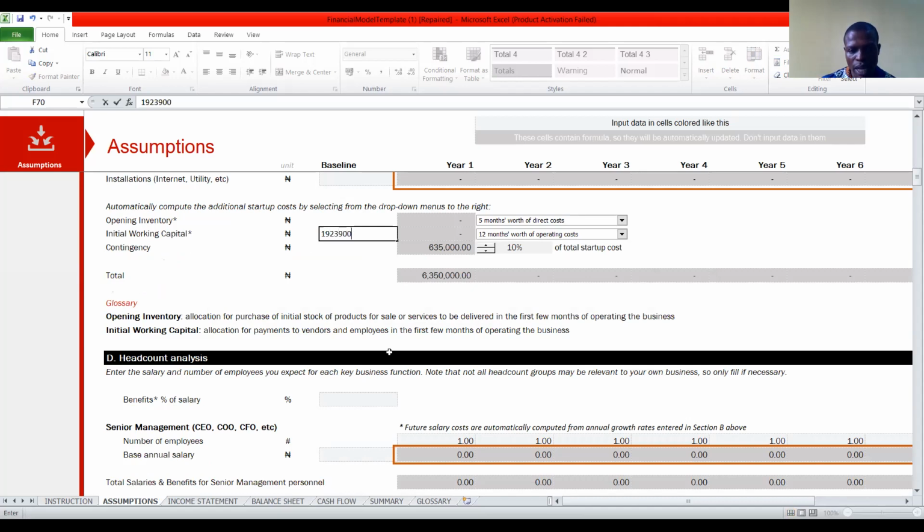Let me confirm that I am on the right track. Okay, so that is the amount of loan we're requesting for working capital.